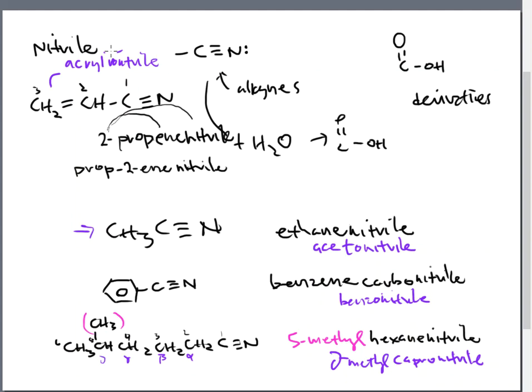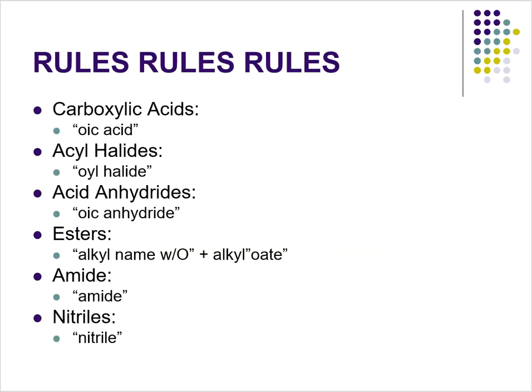as well as the lactams that we started this video off with. So, if we go back and review, folks, this is what we're seeing. Carboxylic acids, acyl halides, acid anhydrides, esters, amides, and nitriles.